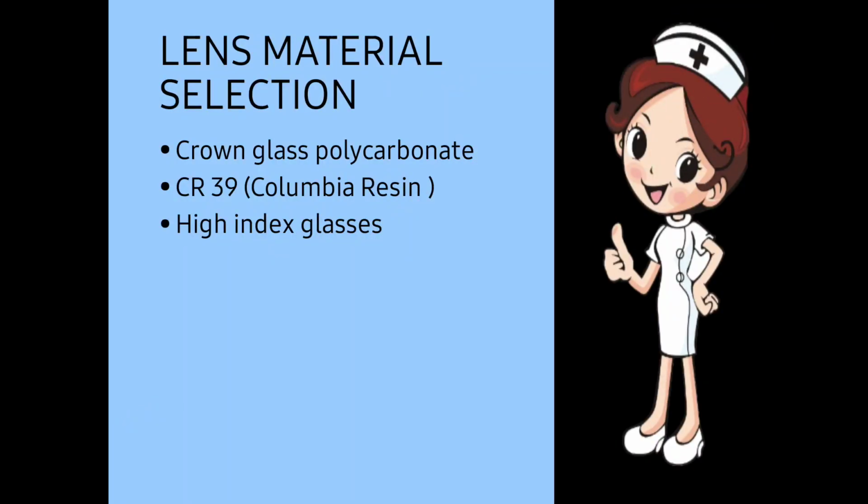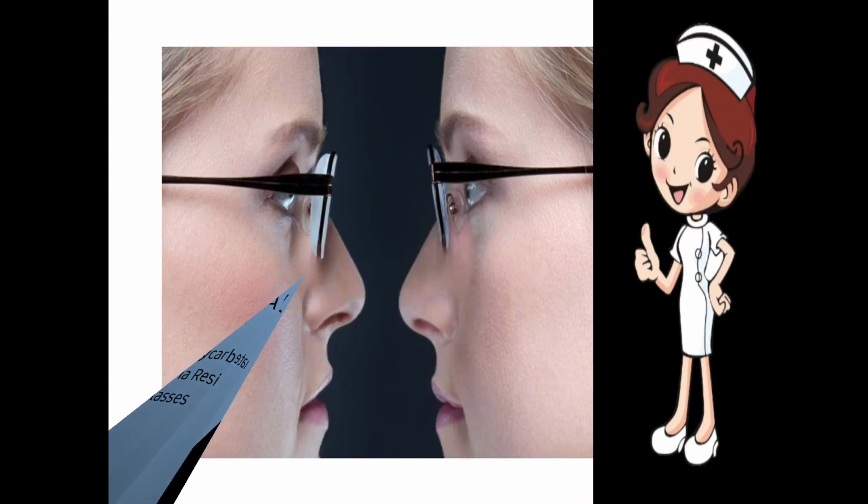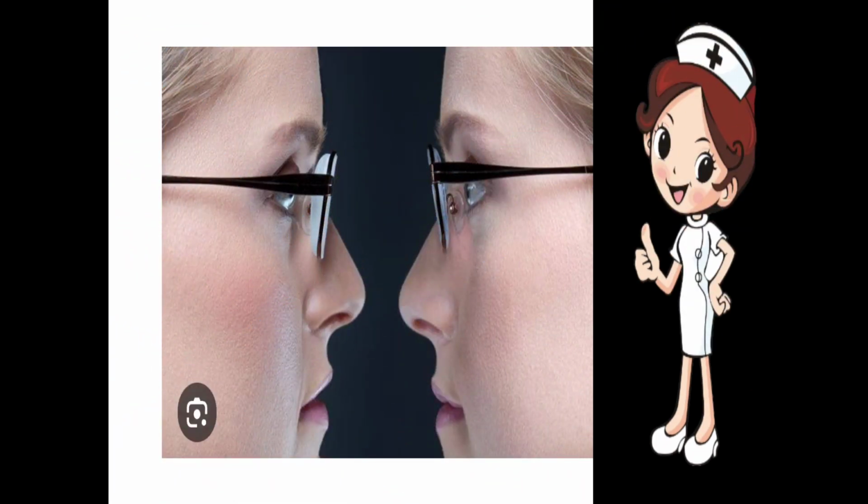Now this lens material should be crown glass, polycarbonate, which is a fiberglass. Next one is the CR39 Columbia resin, and next one are the high index glasses. Now the high index glasses are provided to the patient of low vision. So let's see what are the high index glasses. If you can notice, the thickness of this glass is very much.